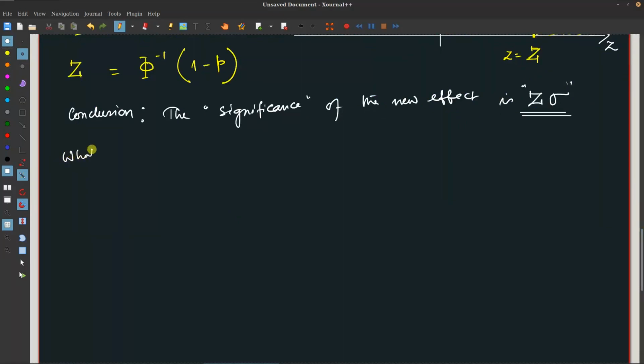So what is the value of z before you claim a new discovery?